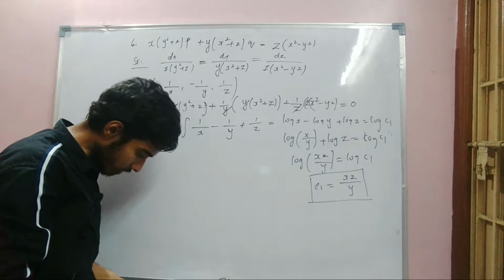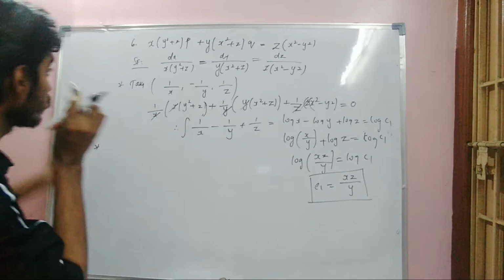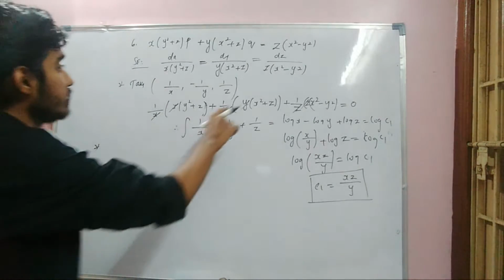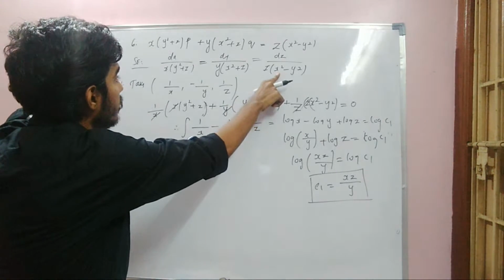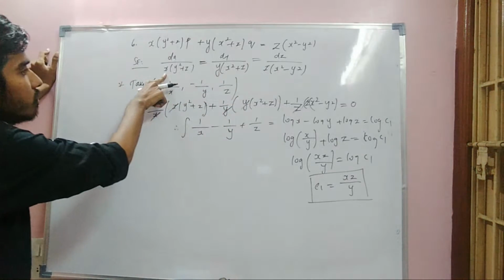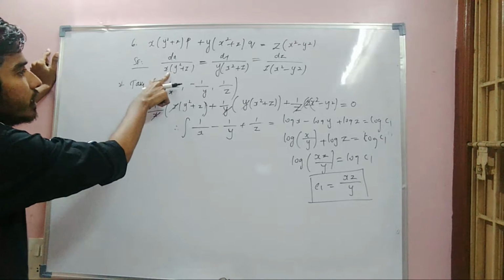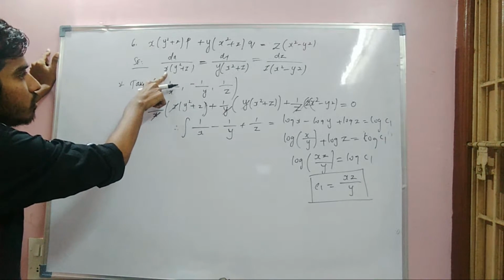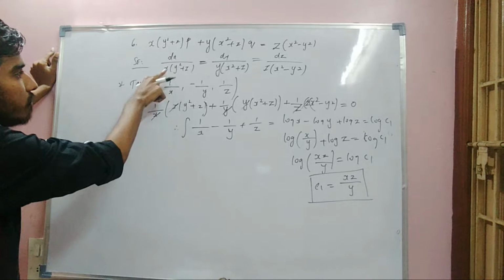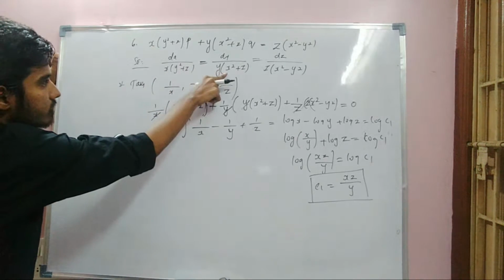So for finding another multiplier, here you can see here we already have x square. Here we already have x square, but here we don't have x square, right? So in order to get x square, we need to multiply x here. So multiply x here, we will have x y square, and here again you will have x square y.